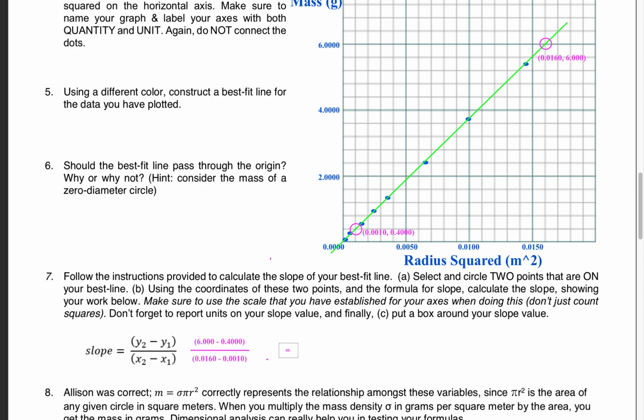That equals 373.33 grams per meter squared. That's what I get for this one.